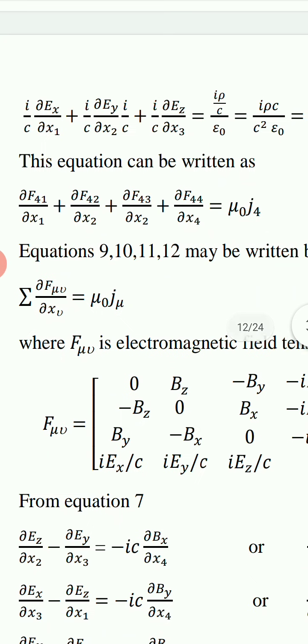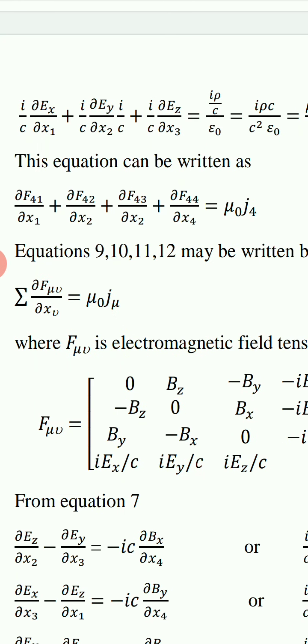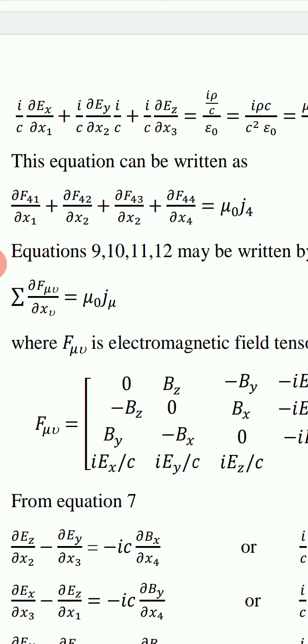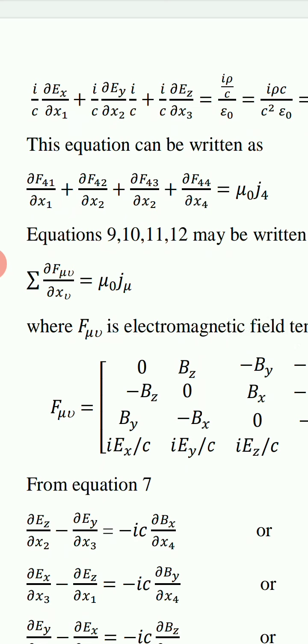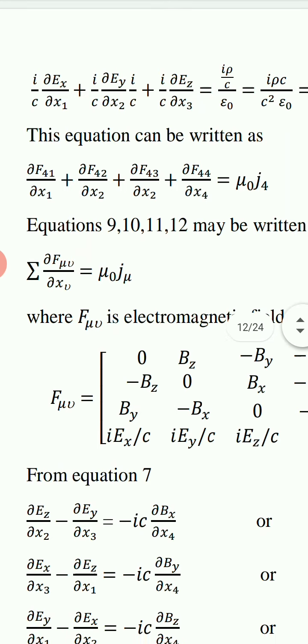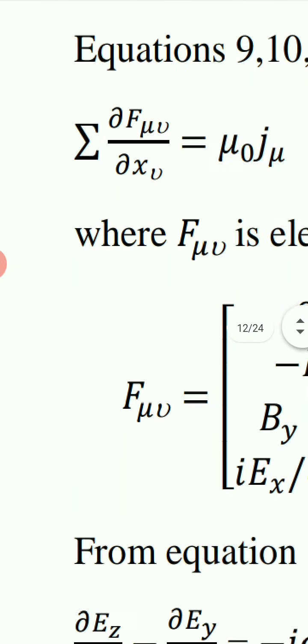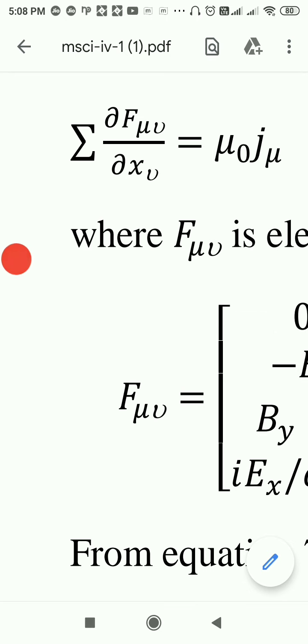This equation, in terms of the electromagnetic field tensor F mu nu, can be written as delta F41 upon delta x1 plus delta F42 upon delta x2 plus delta F43 upon delta x3 plus delta F44 upon delta x4 equal to mu 0 J4. Equations 9, 10, 11, 12 can be written by a single equation: summation delta F mu nu upon delta x nu equal to mu 0 J mu.